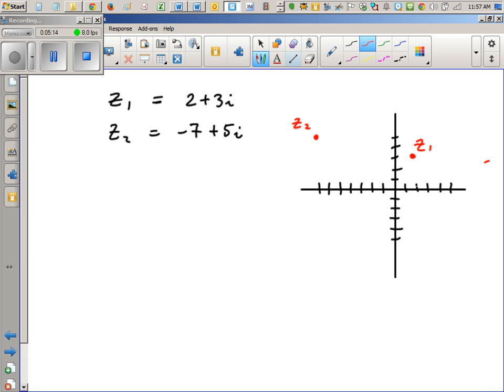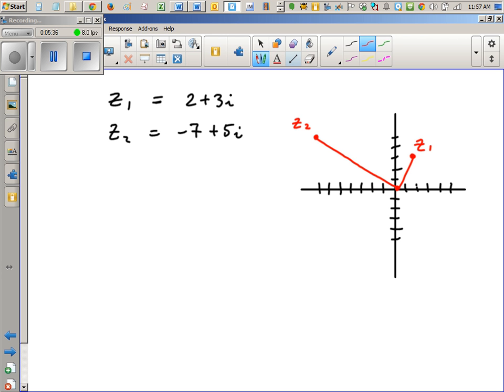Draw their r's. Each one has its own r, or distance to the origin, or absolute value, you could say. There's R1. And there's R2. Okay, good.